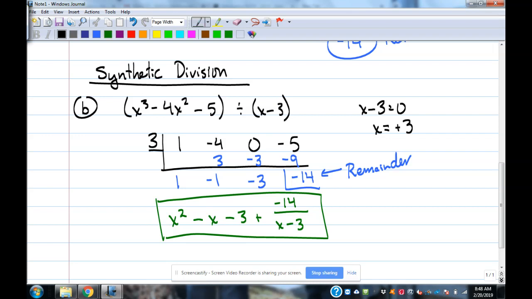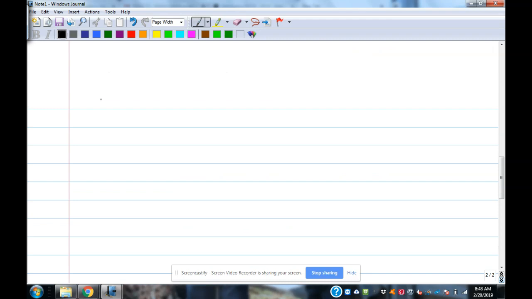Now, what we utilize when we're trying to solve polynomials is the factor and remainder theorem.